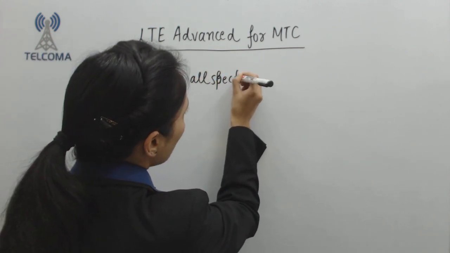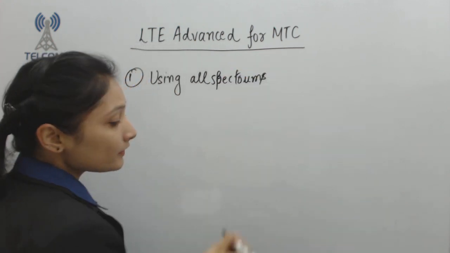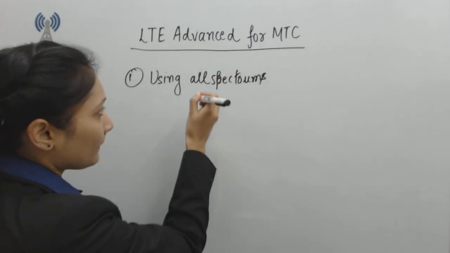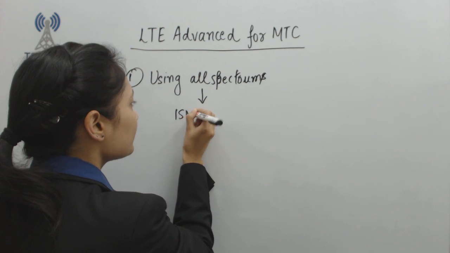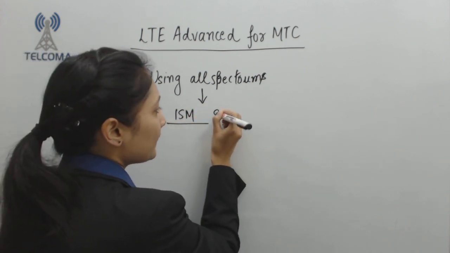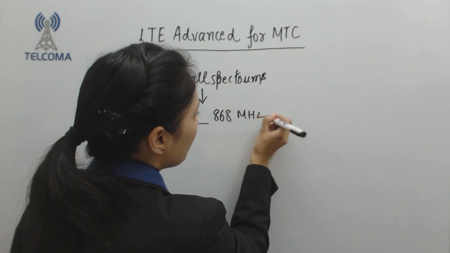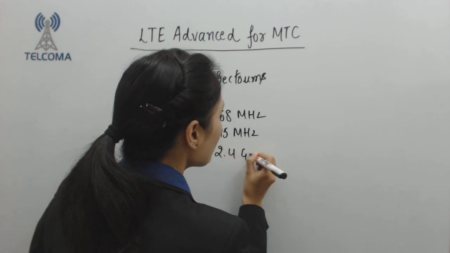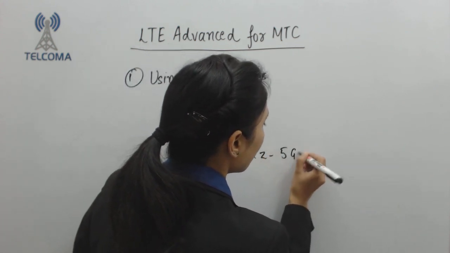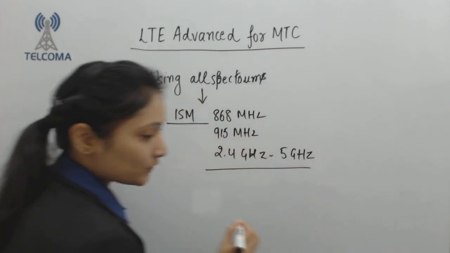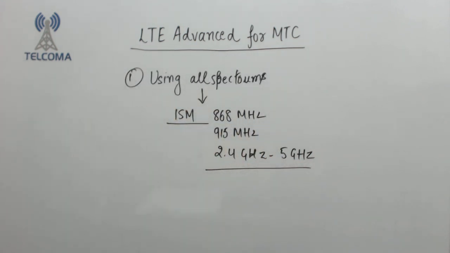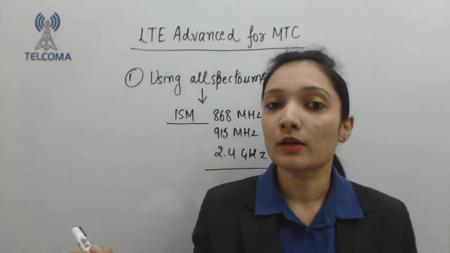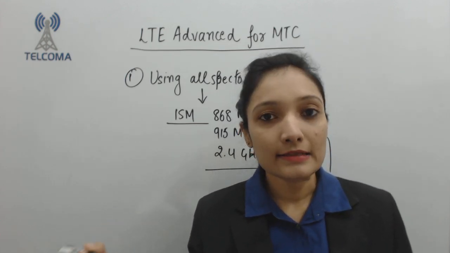For machine type communications and IoT, we know that the ISM band is utilized, that means 868 megahertz, 915 megahertz, then 2.4 gigahertz and 5 gigahertz. So we have to expand the capability of LTE towards this unlicensed spectrum, because our LTE and cellular technologies harness the licensed spectrum.